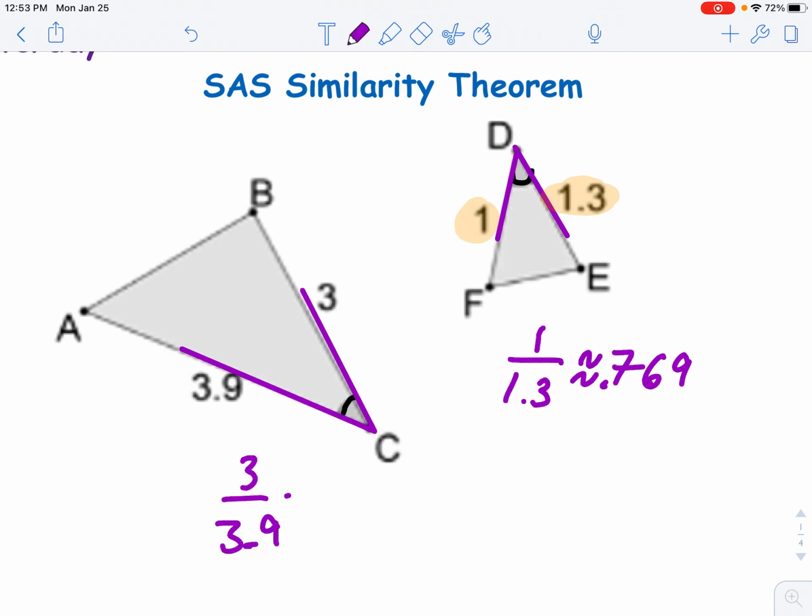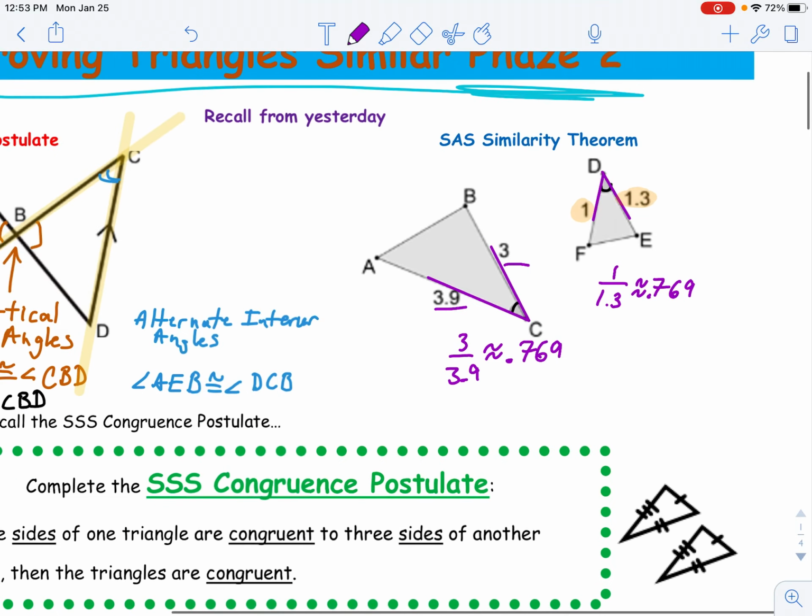And then I can do 3 over 3.9 in this triangle right here. Again, small over big. I'm suspicious that it will be the same thing. Yep, identical. It's about 0.769.